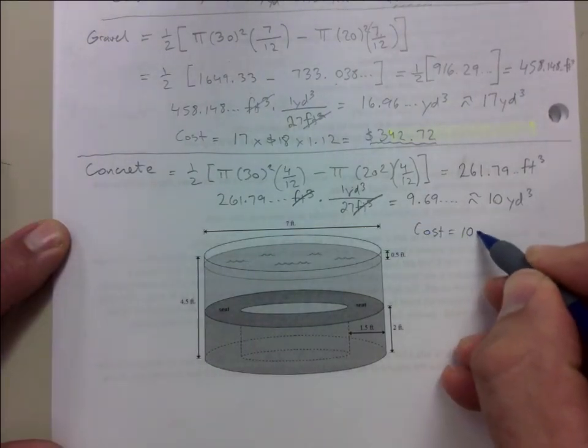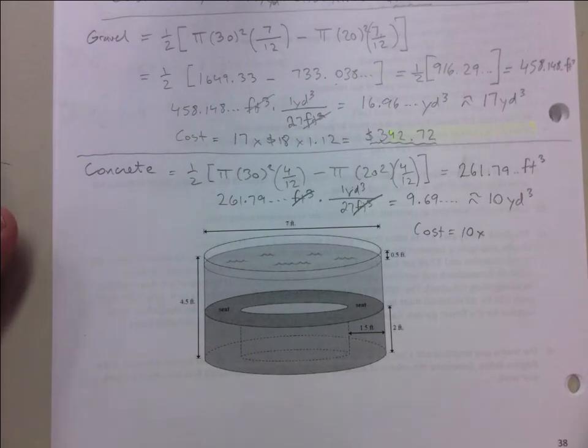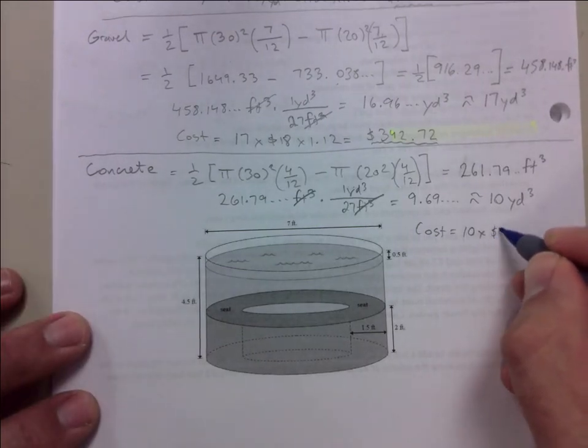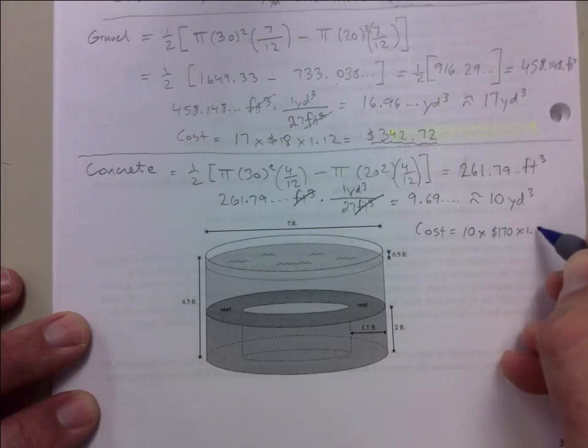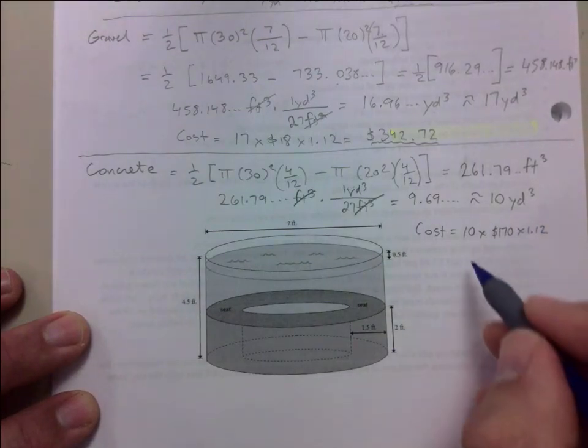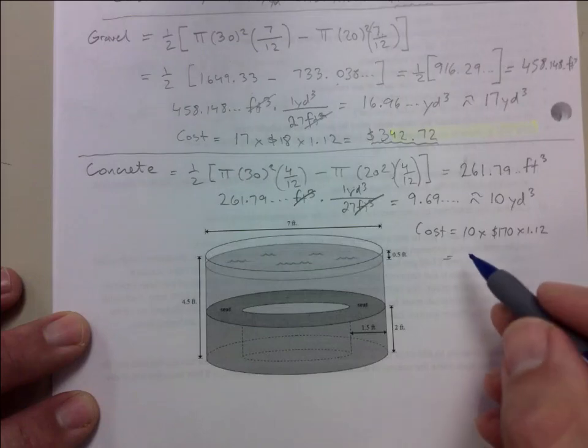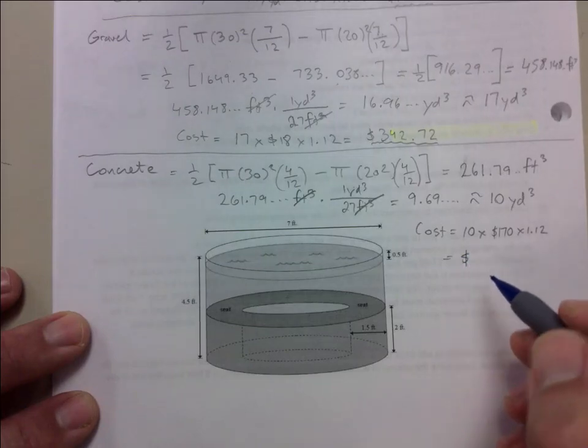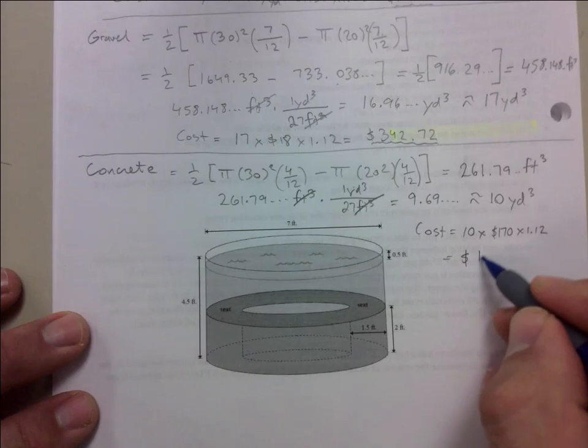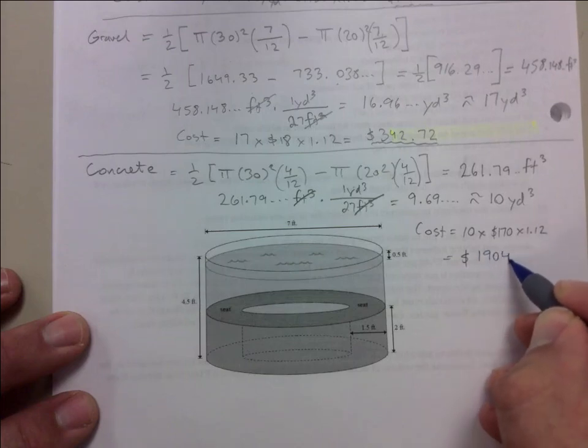Cost is 10 times concrete cost $170, and it gets taxed 12%. And that gives you $1,904.